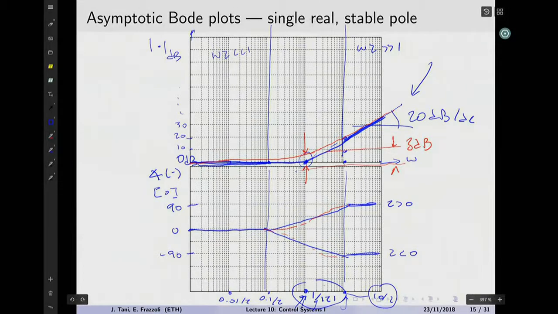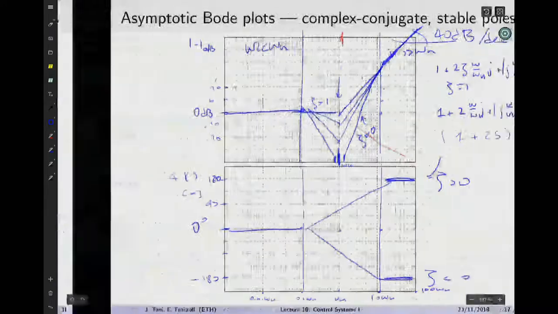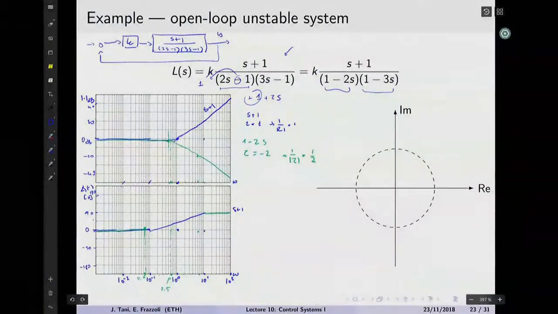So here we were studying 1 plus tau s at the numerator. And at the numerator, we had this behavior for the magnitude and this behavior for the phase, but tau is inverted. So what we get is 0 up to here, then again pi half here, and this goes up like this.